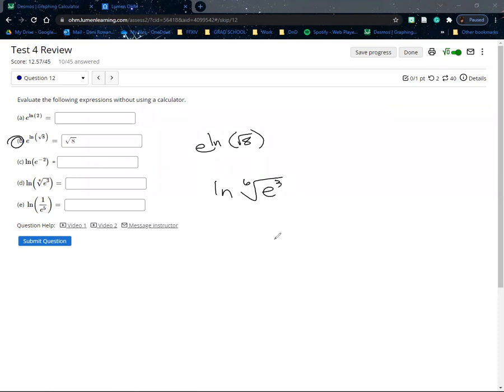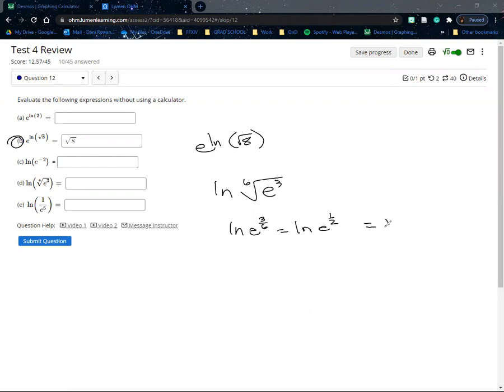How could we rewrite that to be an exponent? e to the 3/6, which is natural log of e to the what? 1/2. Okay, and what is natural log of e equal to? 1. So what is this equal to?